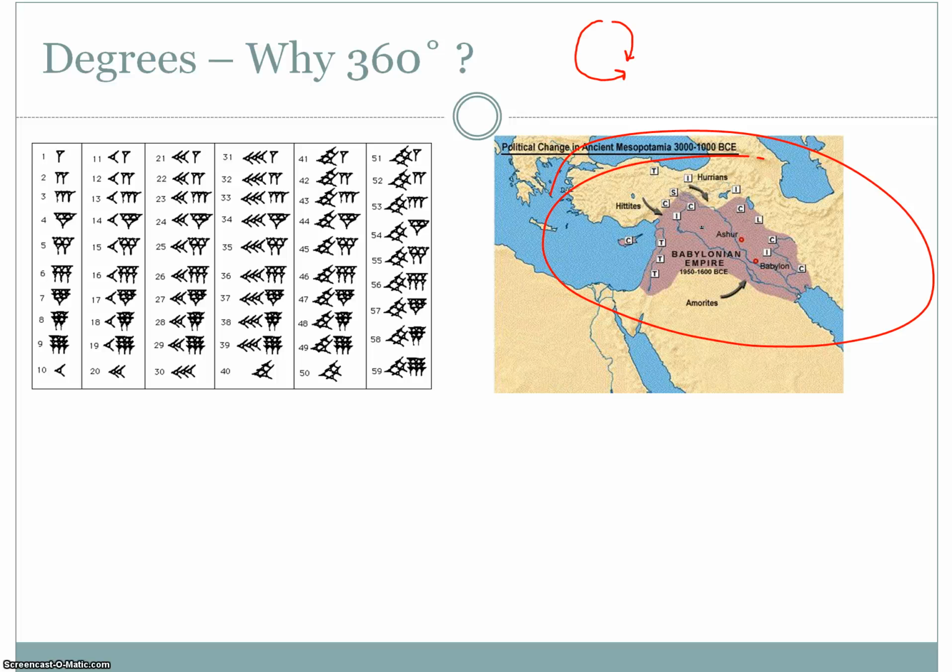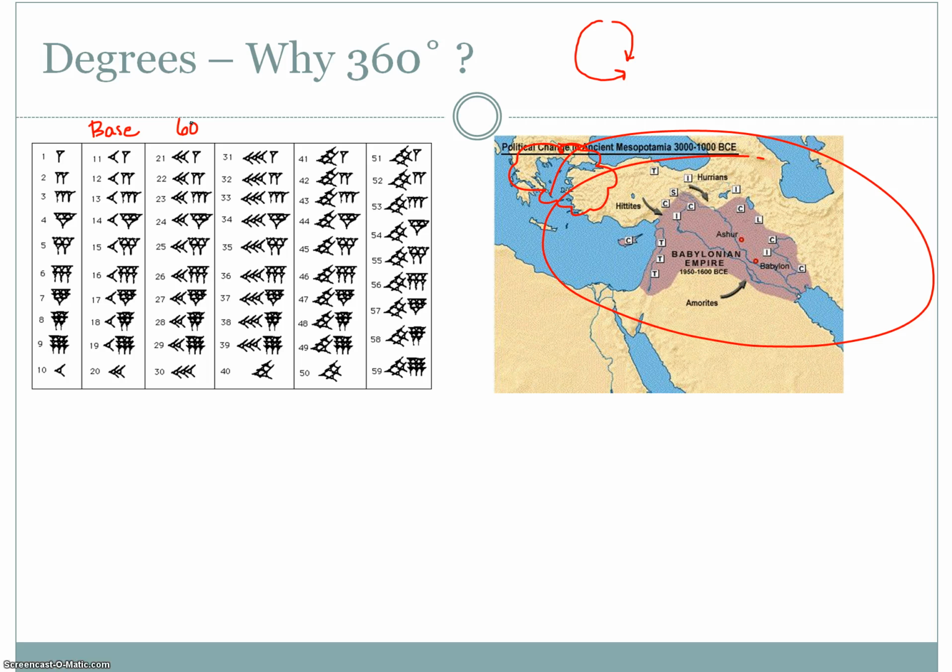So later the Greeks came along, and this is Greece over here, right? This area over here. They actually broke a day up into 24 hours. And then the Babylonians, who had what's called a base 60 number system, basically that means they had 60 different numbers before they started counting over again.